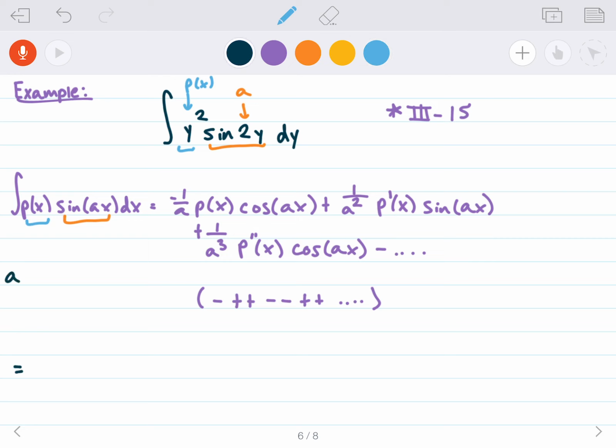So as I said, a is equal to 2. And so we have the following. We have negative 1 over 2 times y squared times cosine 2y plus 1 over 2 squared. The derivative of our polynomial, the derivative of y squared is just 2y.